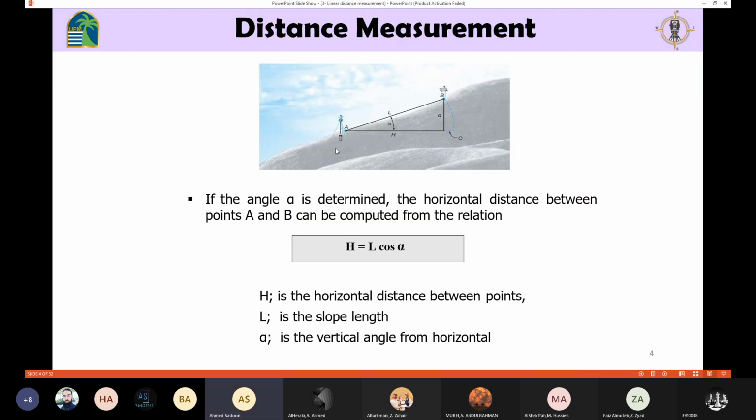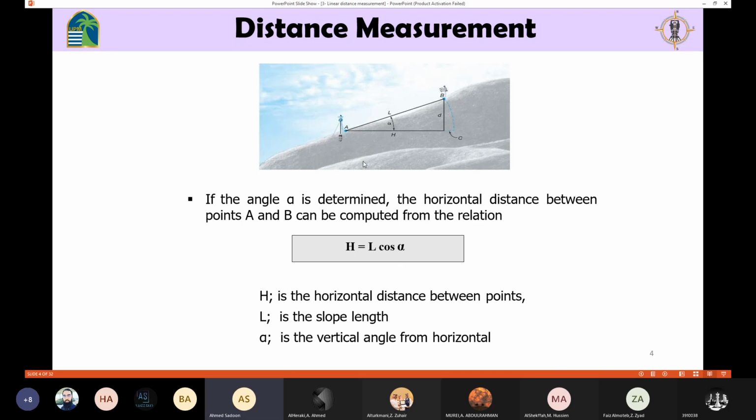We have a relation between the slope distance, the horizontal distance, and the angle of the slope. So we say that the angle of the slope is alpha, and L represents the slope distance, H represents the horizontal distance, and D represents the vertical distance. We can say that H, the horizontal distance, equals the slope distance times cosine alpha.